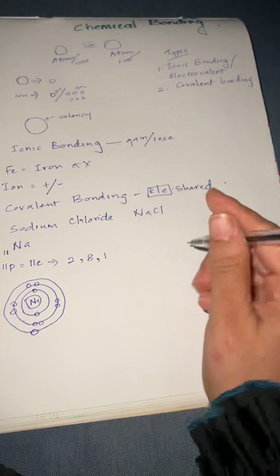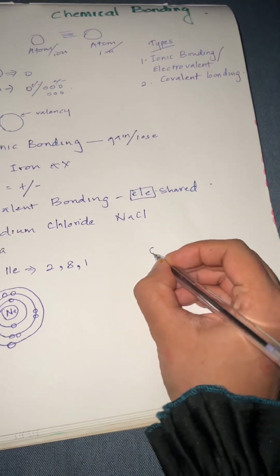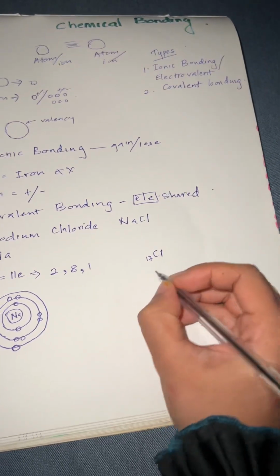Now let us consider chlorine. The atomic number is 17.